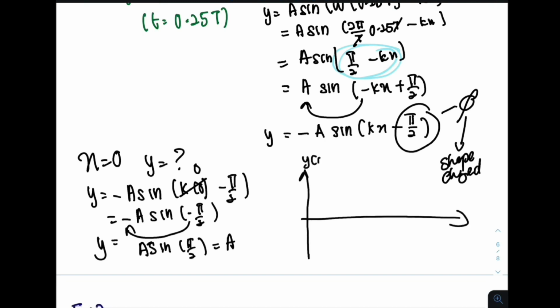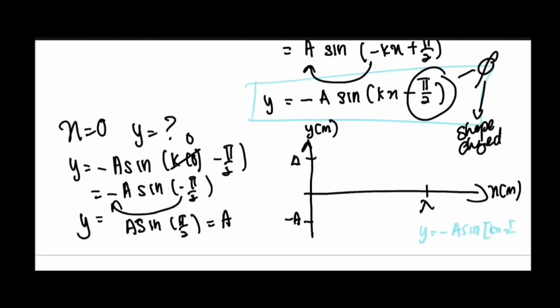For our graph, y, put its unit; x, put its unit; write its amplitude. For x, its lambda. So we know what we want to draw is for this equation, which is y equals negative A sin kx minus pi over 2.